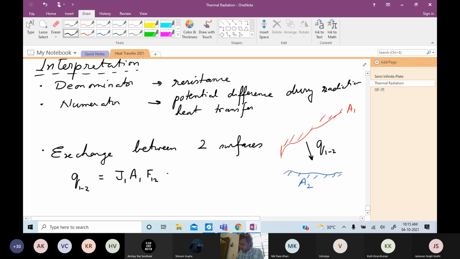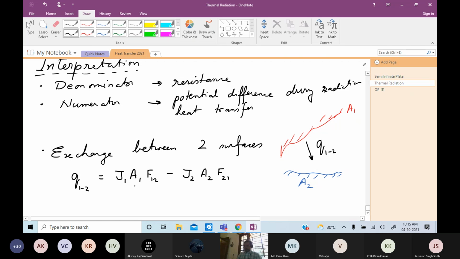Similarly, what does it get back from A2? Same thing, J2 A2 F21.